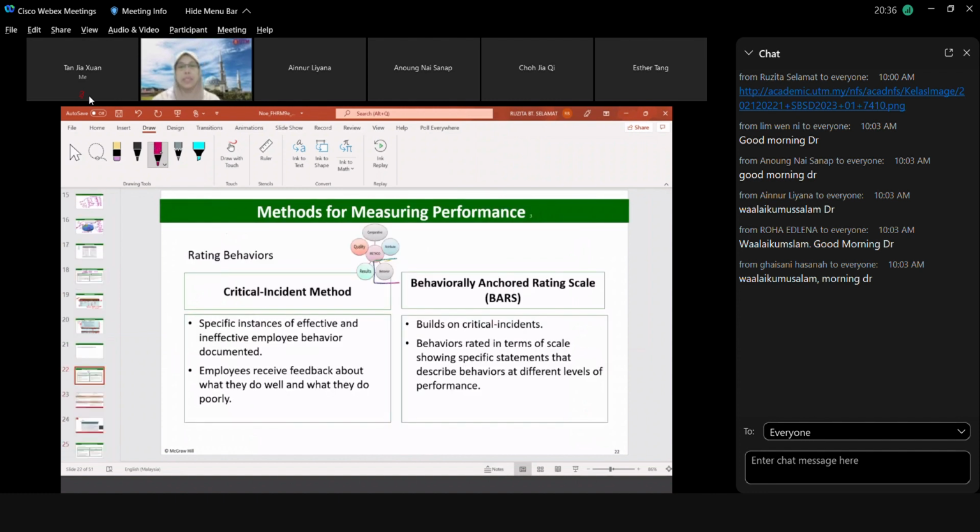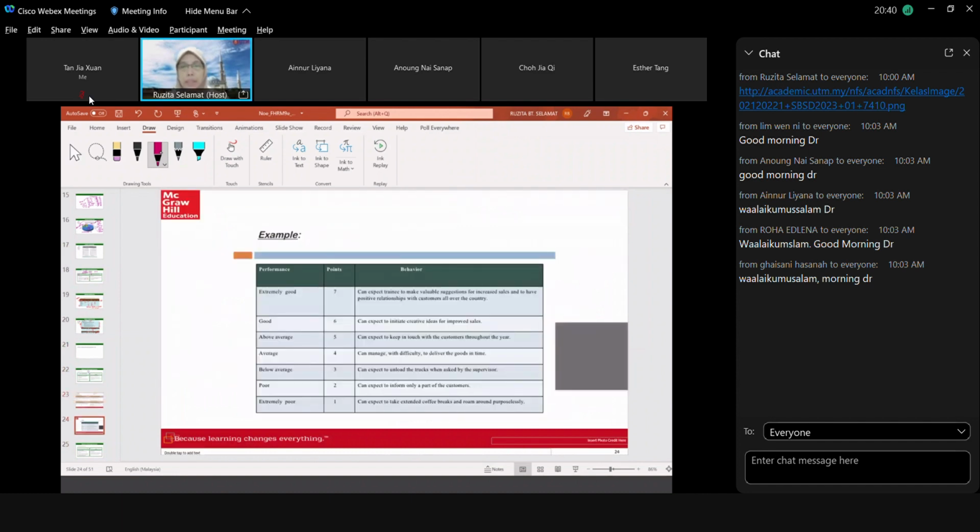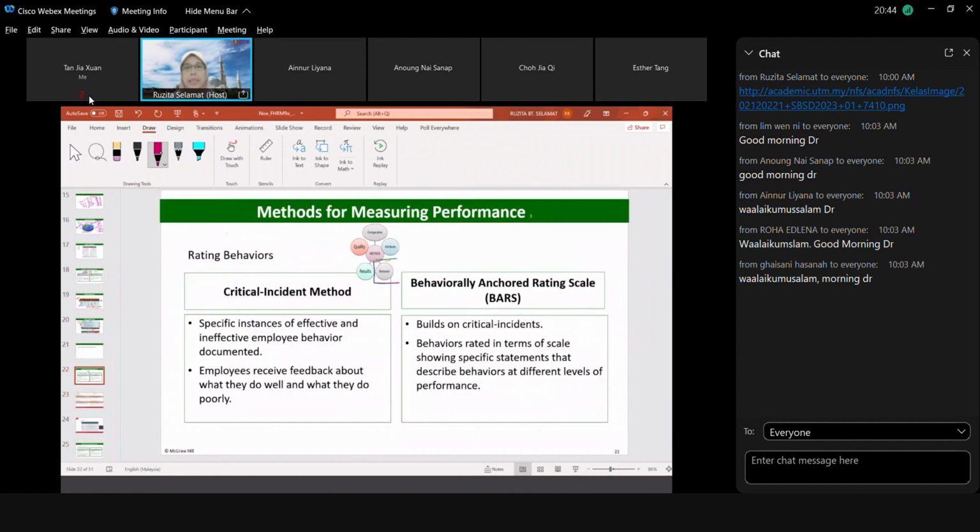Okay, there are four different techniques under the behavioral method, or behavioral techniques, on measuring performance.